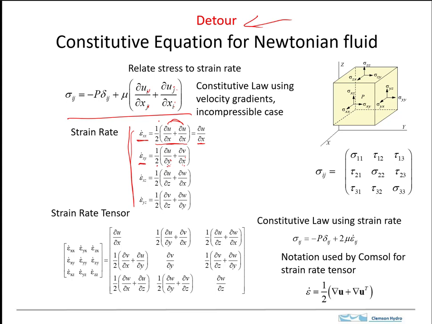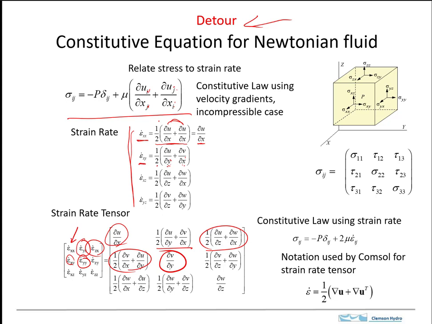So we can write out a strain rate tensor. So there's the strain rate xx, and that equals that, and the strain rate yx is here, and zx is here, and so on. So these terms match up. There's epsilon dot yy right there.